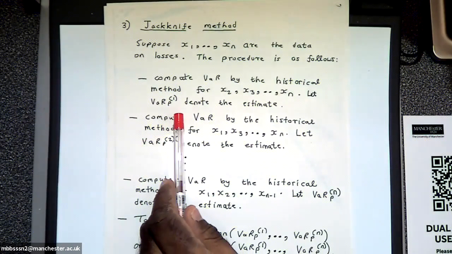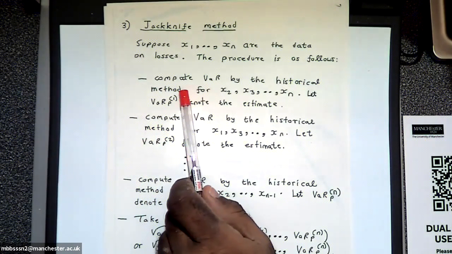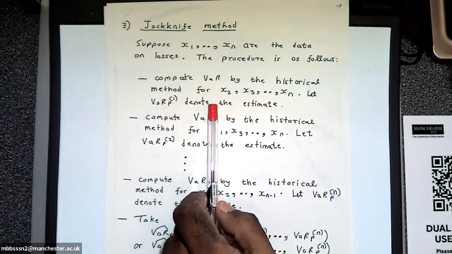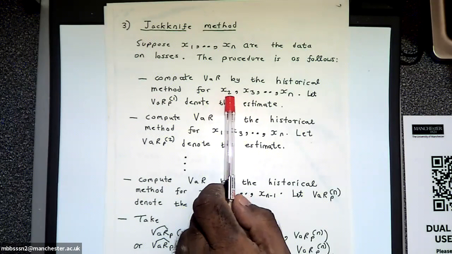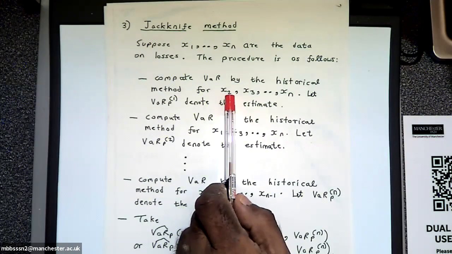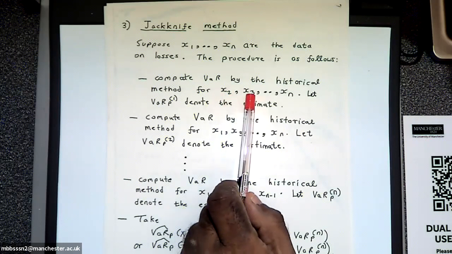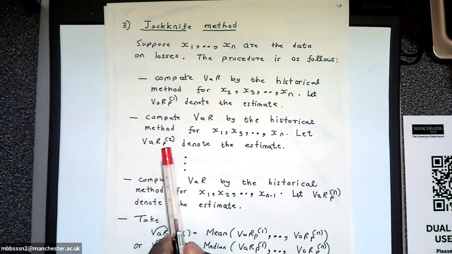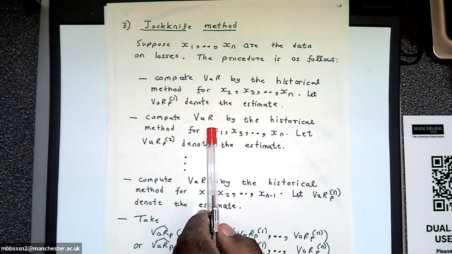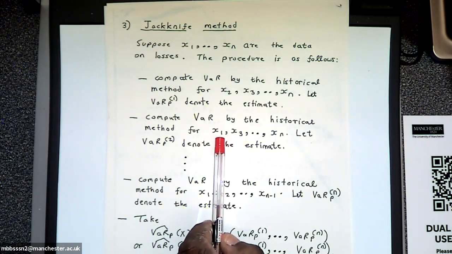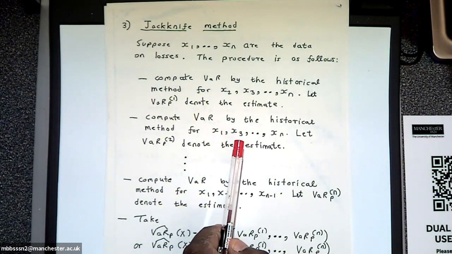So the procedure is similar, except here, the first step is to compute VAR by the historical method for the data, but excluding the first data point. See what I've done here. So the data is from x2, x3 up to xn. So we have deleted the first data point. The second step is to compute VAR by the historical method for the data, excluding the second data point.